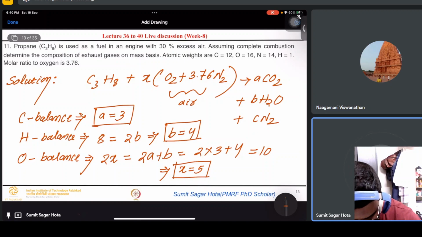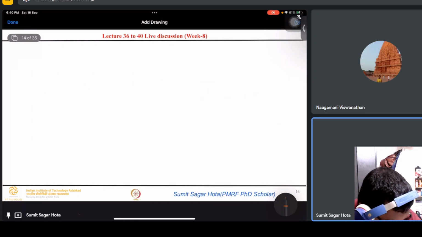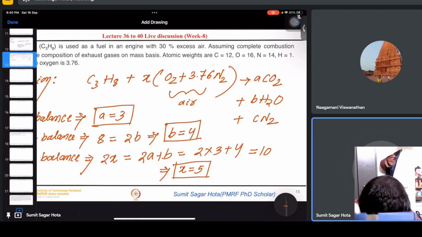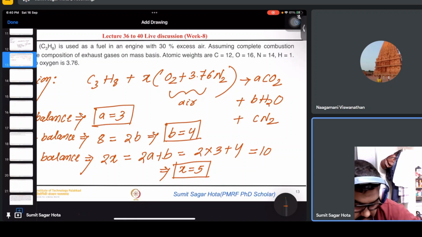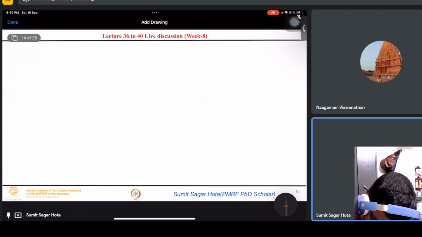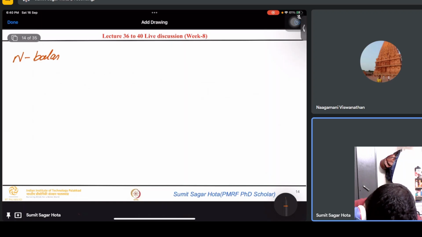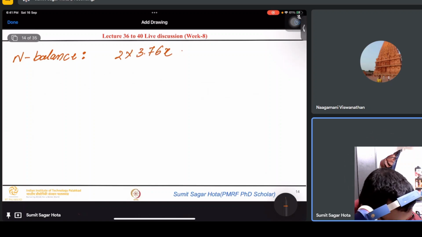Okay, if you get this, then you have to find out what? N2. Because X equals 5, you write down 2 into N2, this is for N2, 2 into 3.76 X is equal to 2C.